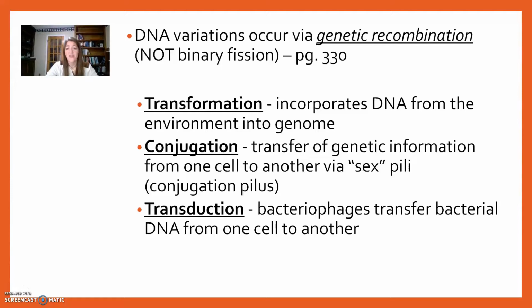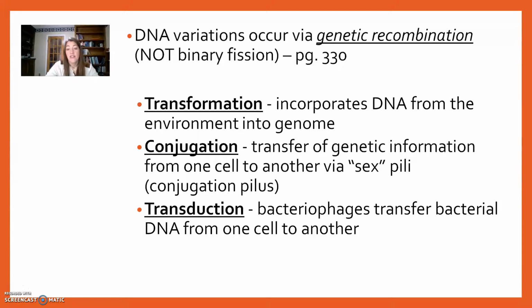This is the transfer of genetic information from one cell to another, what we call a sex pili. It's very similar to just the normal pili. It's also called the conjugation pilus. It's just generally a little bit larger pili that can attach to another cell. The last one we call is transduction.